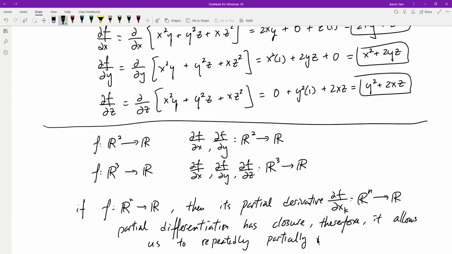So what happens when I partially differentiate a function repeatedly?